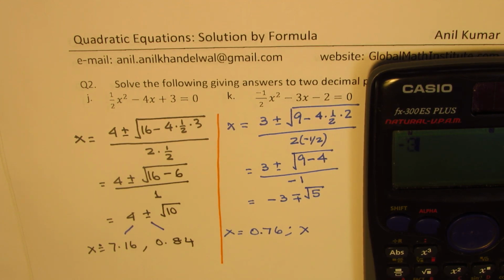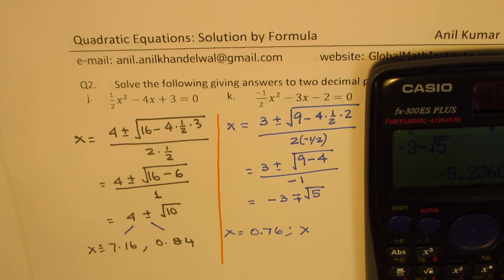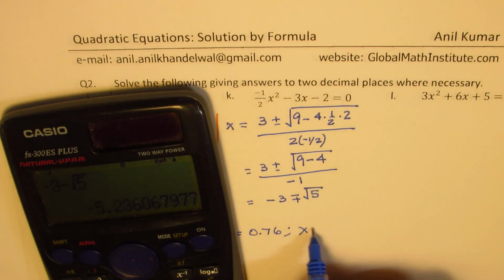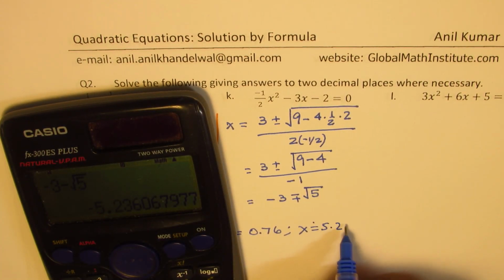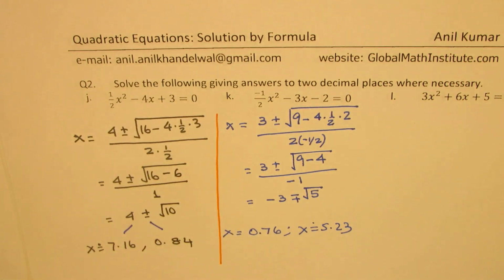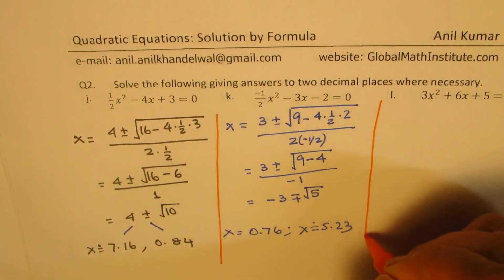So negative 3 minus square root of 5, which in decimals is negative 5.236, I'll write 5.23. Right? So that is how we are going to do it. So I hope the steps are absolutely clear.